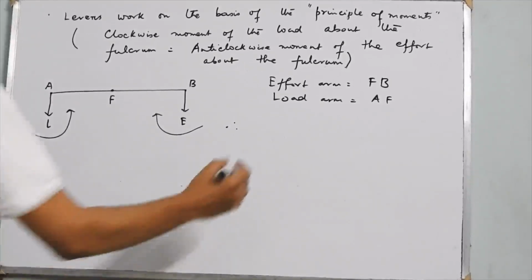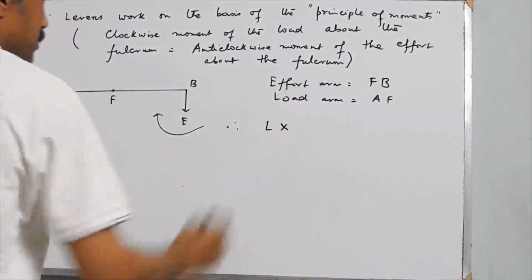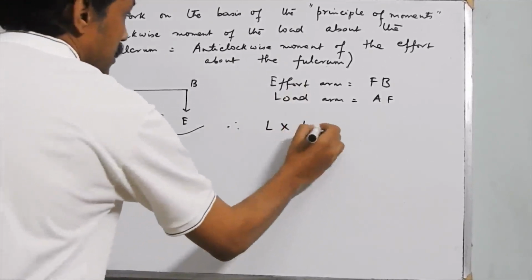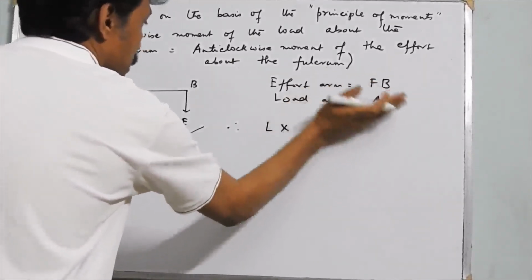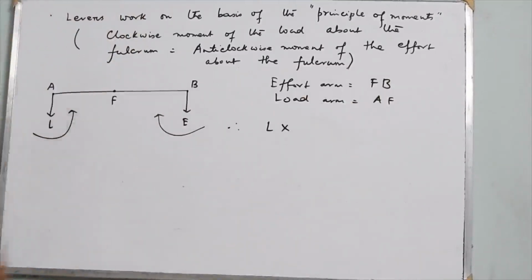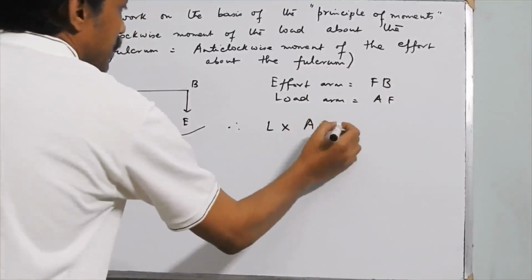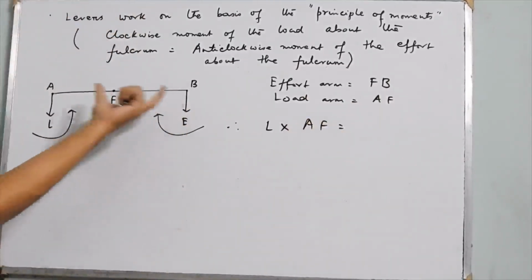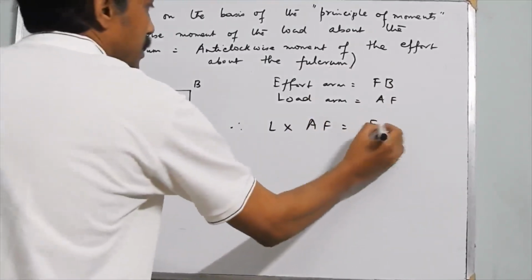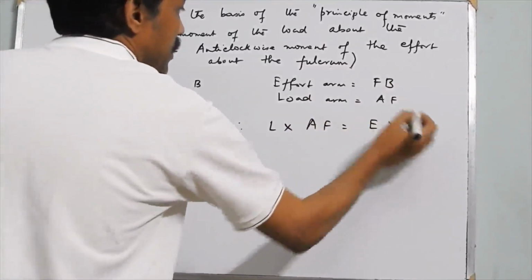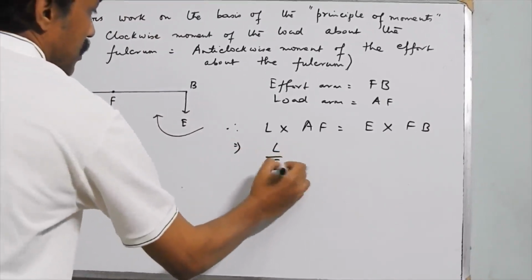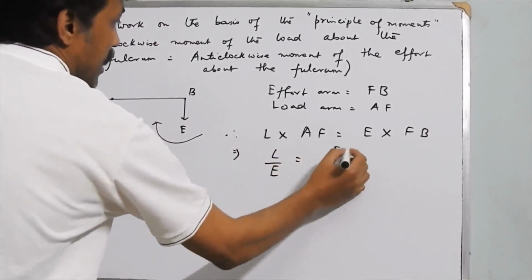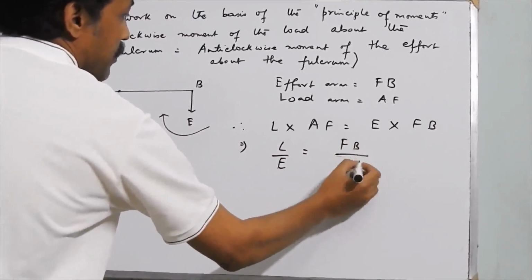So you can write load into load arm, that is AF, that must be equal to effort into effort arm, that is FB. So you see that load by effort becomes FB by AF.